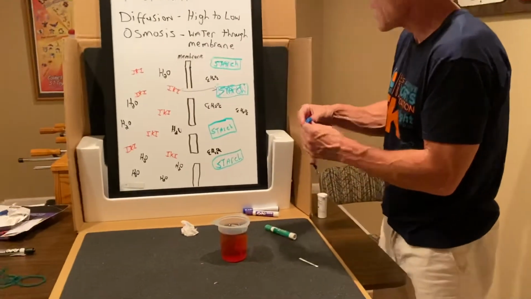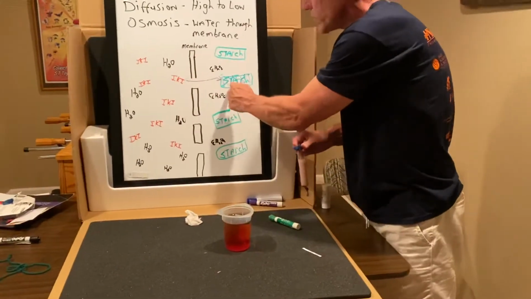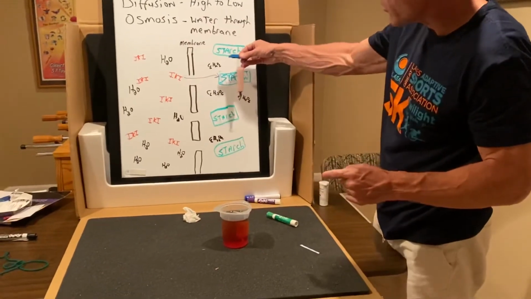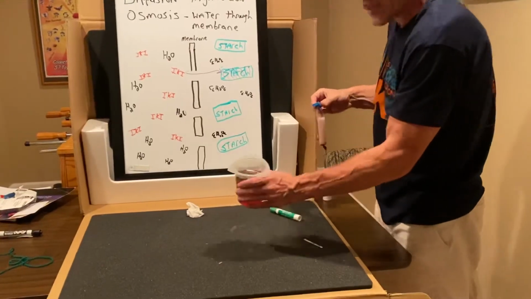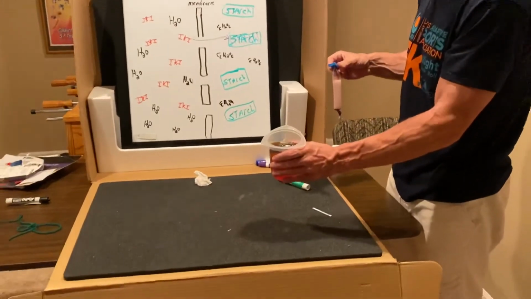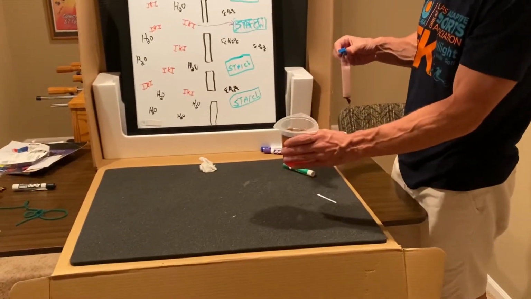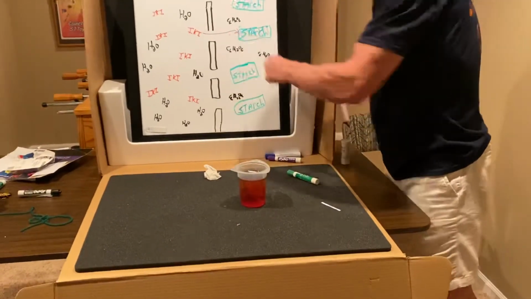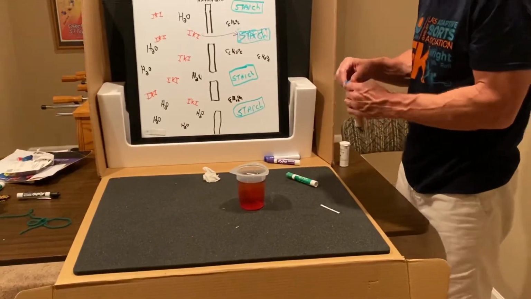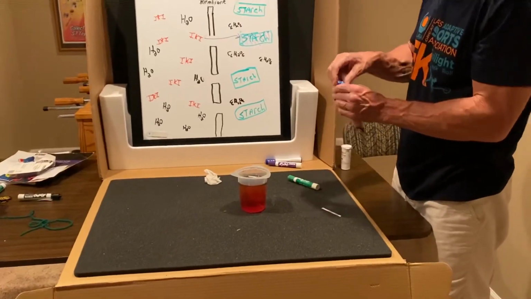Iodine got in to the bag because the starch is starting to turn purple. Did the starch get out? No. Otherwise, the outside should have turned purple. When those two come in contact, that's how we know what traveled where, if it turns purple.